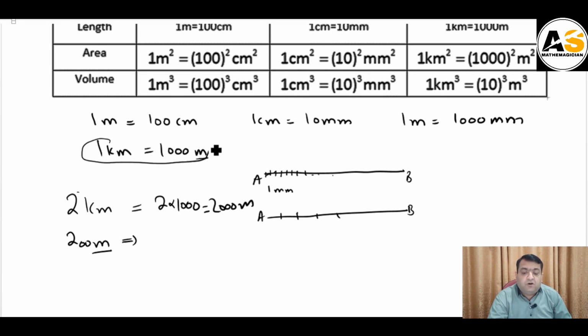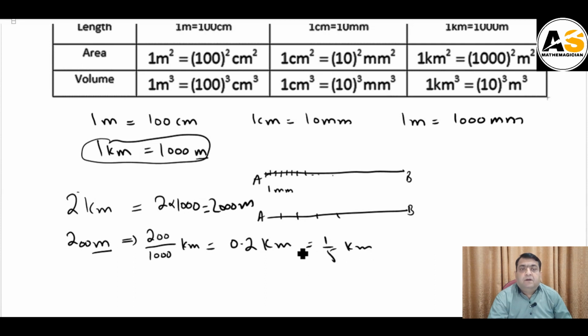In order to convert kilometer to meter, we multiply by 1000, and meter to kilometer conversion is done by dividing by 1000. So this will be 200 divided by 1000 kilometers, which will be 0.2 kilometer or 1 by 5 kilometer.